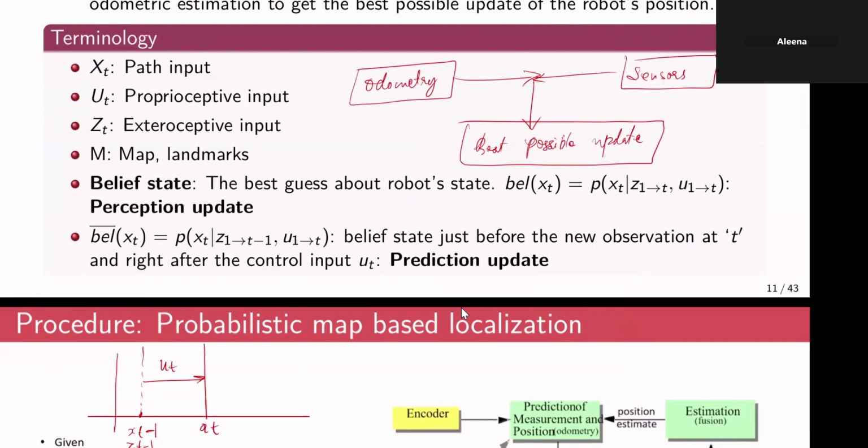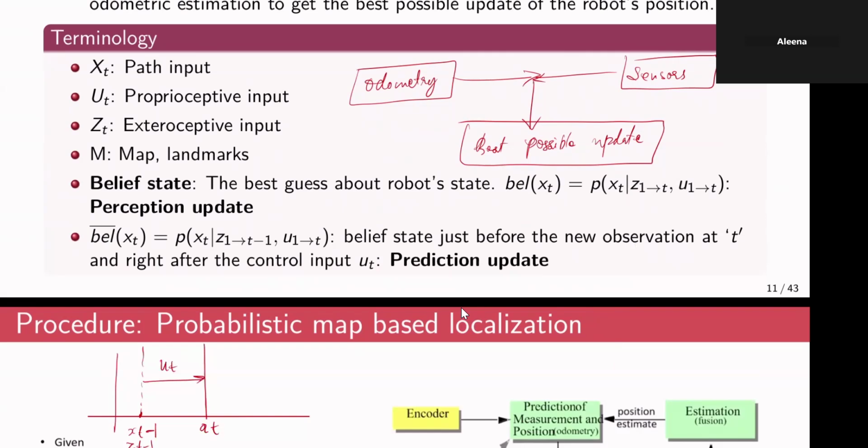So belief bar xt is the probability that the robot is at position xt given all the measurements up to time t minus 1 and the control input.